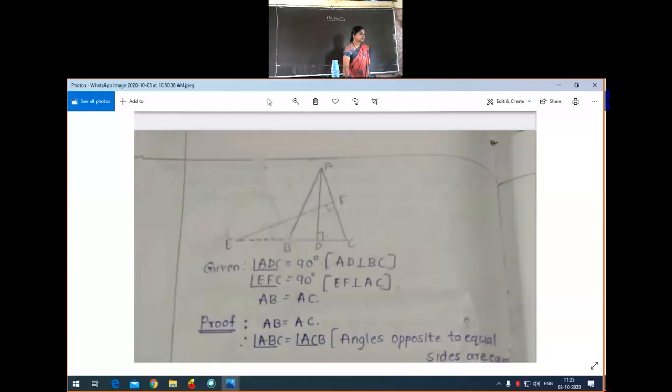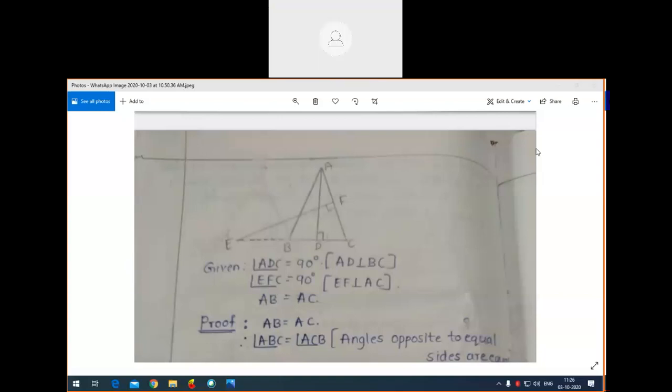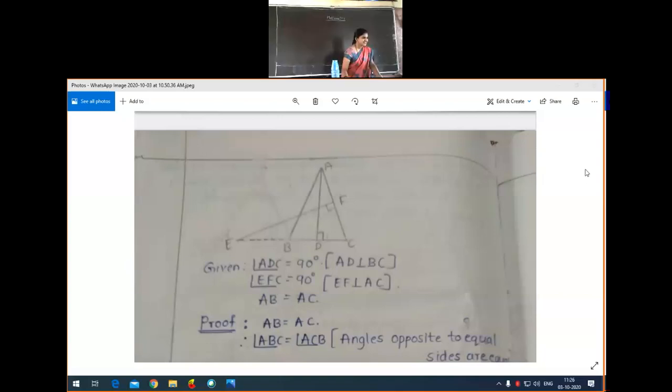Is it only one method, or can we work out the same problem in another method? So we'll ask the question to some students. Pratham Bhatt, do you have any alternate method for this problem? Arun, are you getting any different idea for this problem?